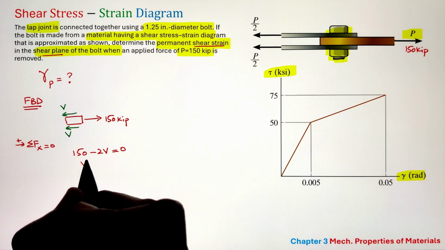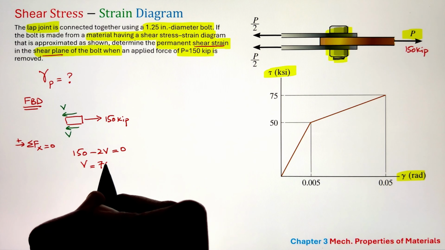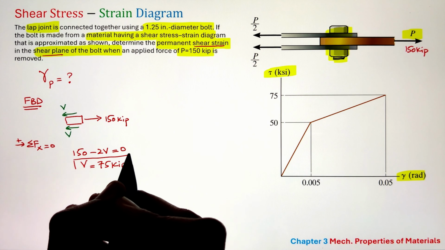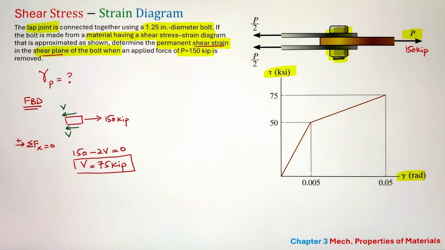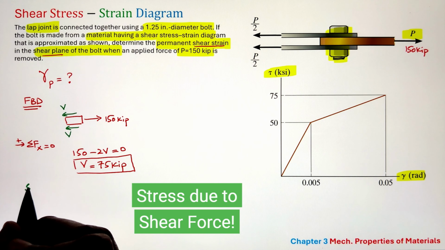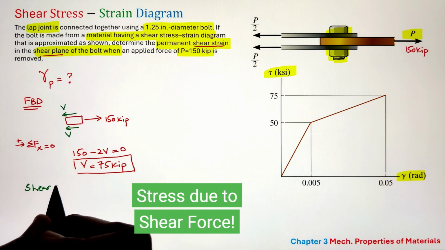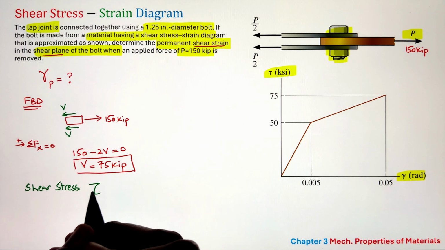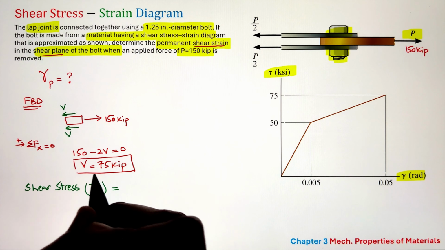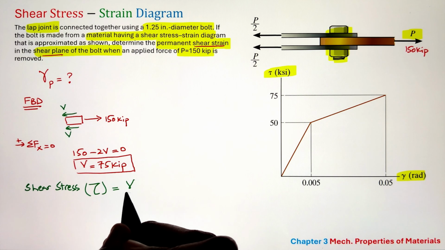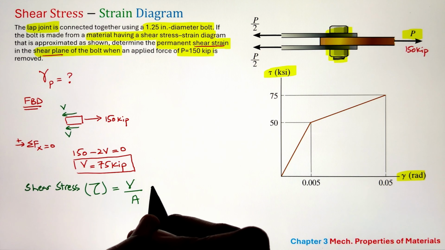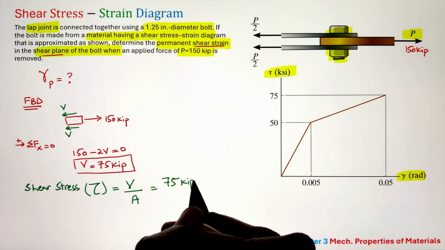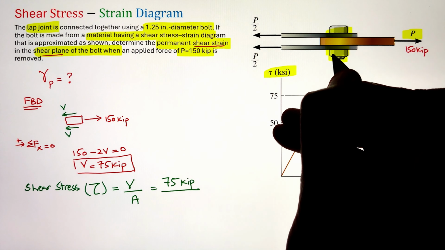Now, if we apply our equilibrium equation, we can simplify and solve for the value of V that is equal to 75 kilopounds. Now, once we have the shear force, let's go ahead and identify the shear stress value. The formula for the shear stress is force over cross-sectional area. Shear stress is given by the variable tau that is equal to V over A. We have already calculated V, that is 75 kilopounds, dividing by the cross-sectional area of the bolt.